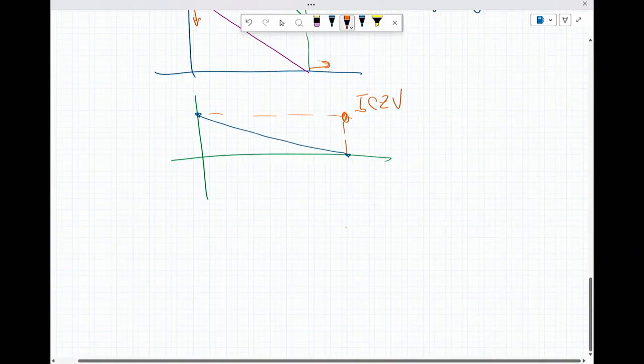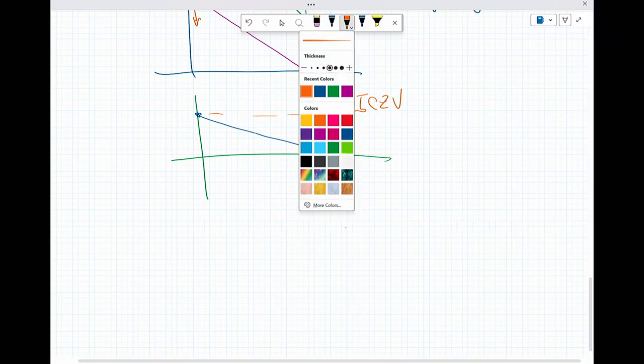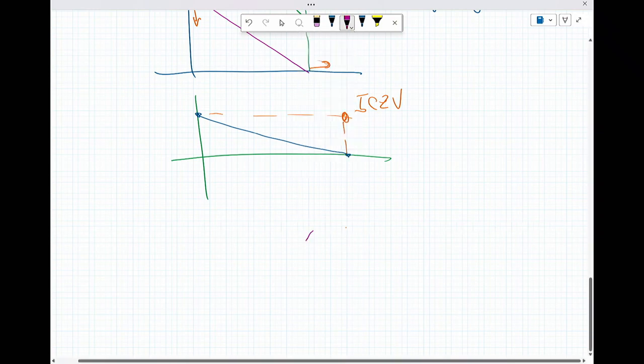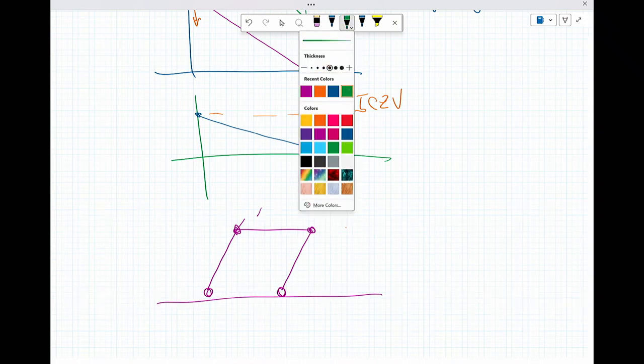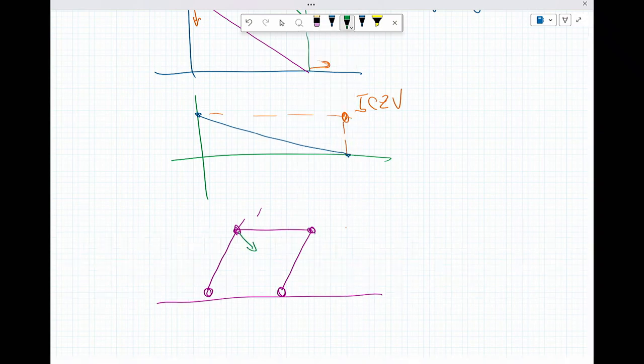You also end up in very particular cases. You'll see them in some of the old quizzes, maybe some of the newer ones, where at some instant in time you have an object that's rotating, so a 3-bar link like this, and those two vectors are the same magnitude and the same direction.